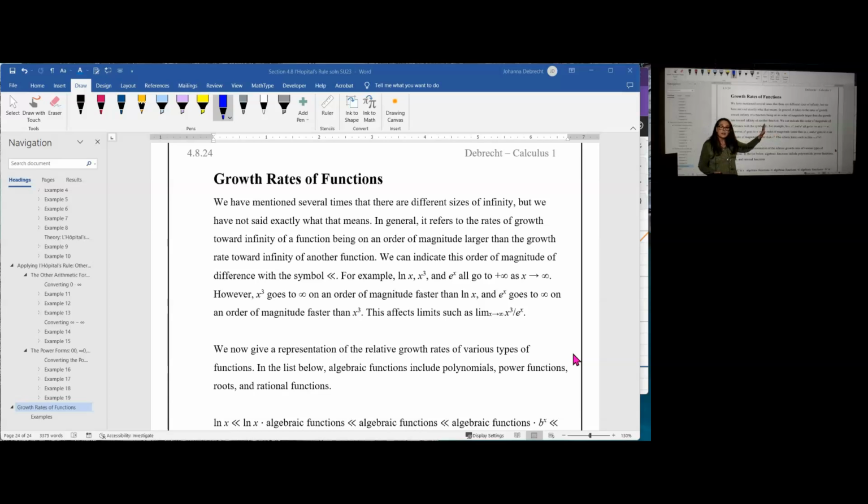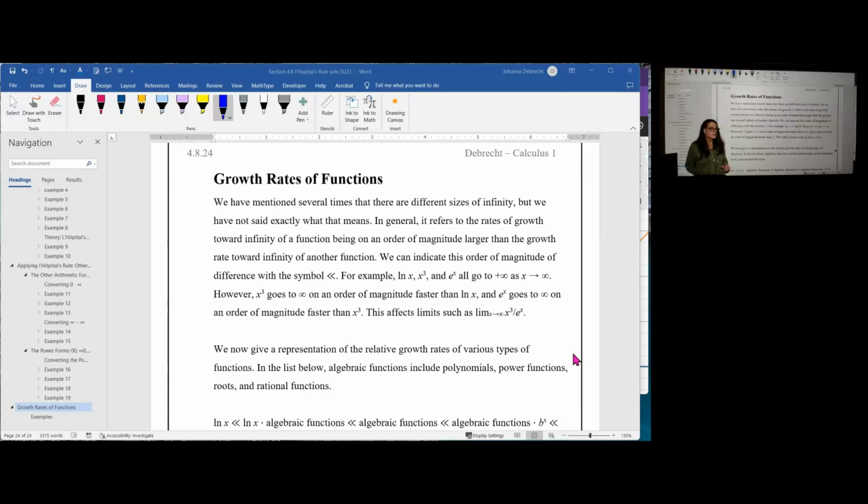For example, we know that the functions natural log of x, x cubed, and e to the x all go to positive infinity as x goes to positive infinity. They don't get there at the same rate. In fact, x cubed goes to infinity on an order of magnitude faster than natural log of x.